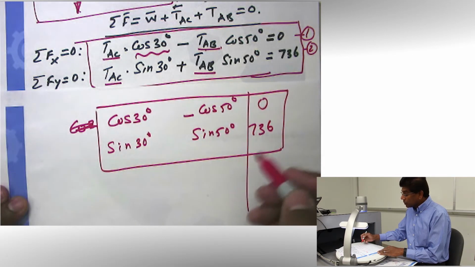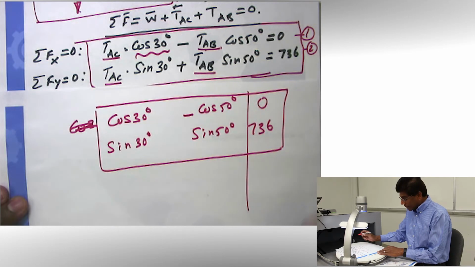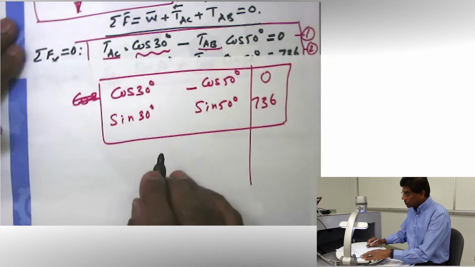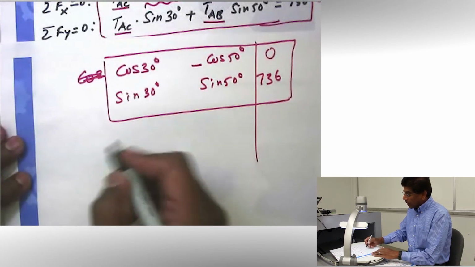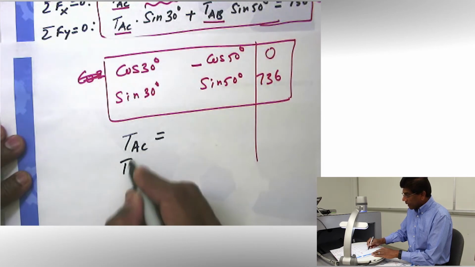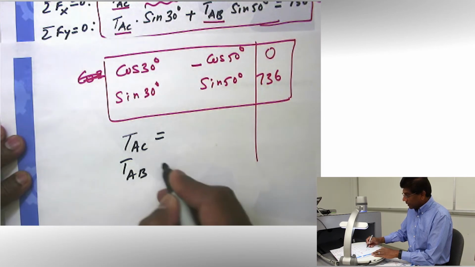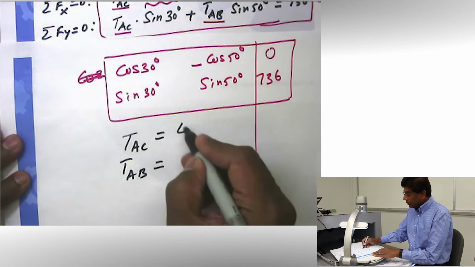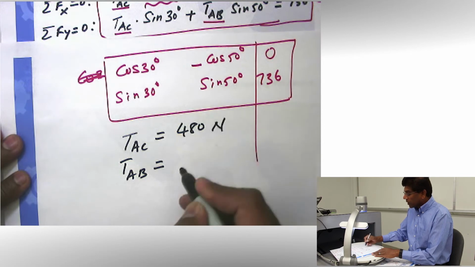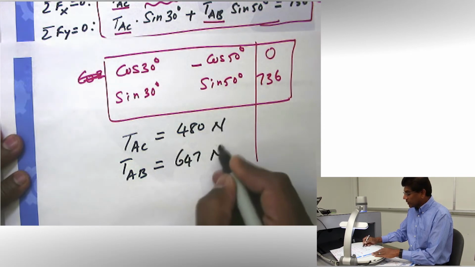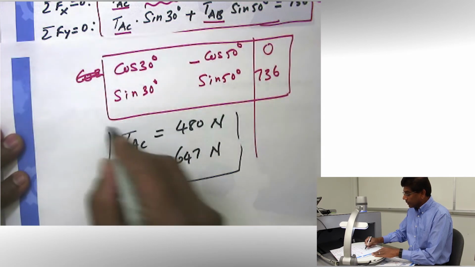Please figure out how to input this into your calculator. And once you input it in your calculator, you are going to get two unknowns, TAC and TAB. And your calculator, if you solve it correctly, will give you an answer of 480 Newton for tension in cable AC and 647 Newton for tension in cable AB.